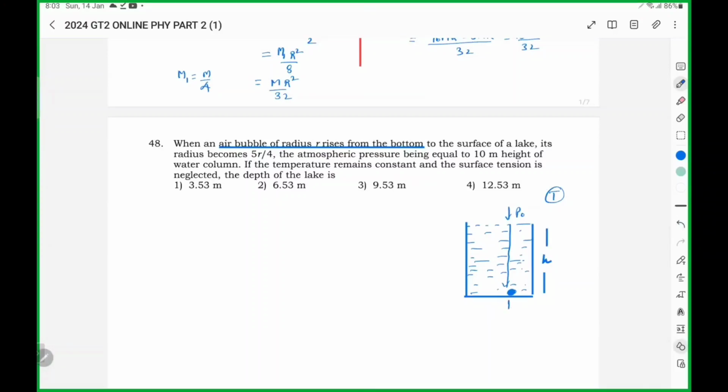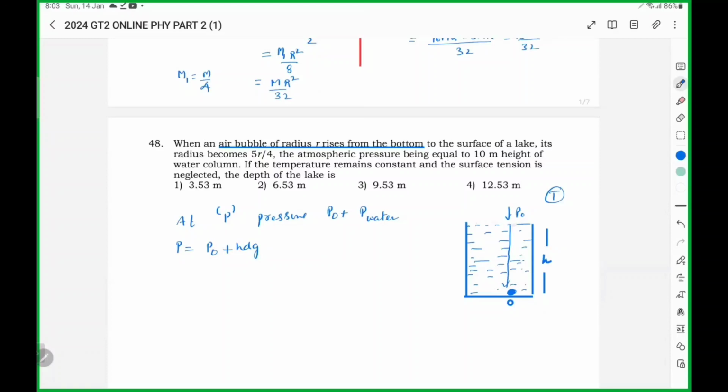So at this point P, pressure is atmospheric pressure plus pressure due to water, that is P naught plus H d g.